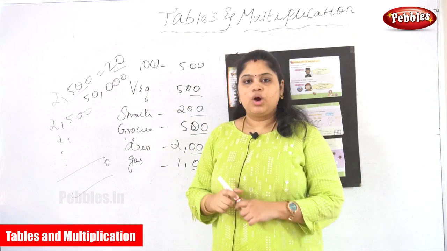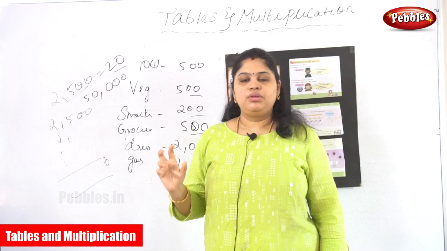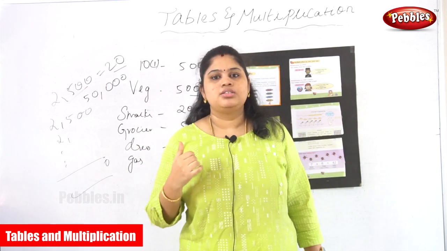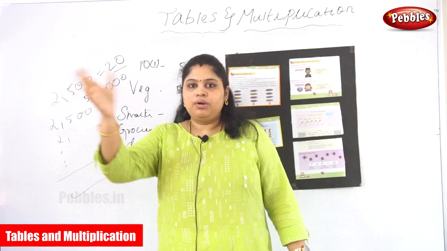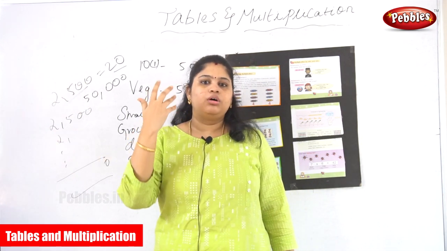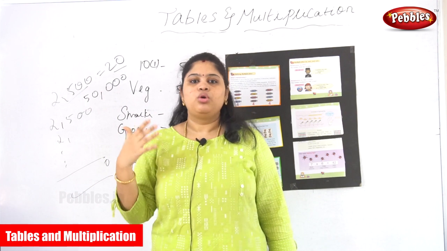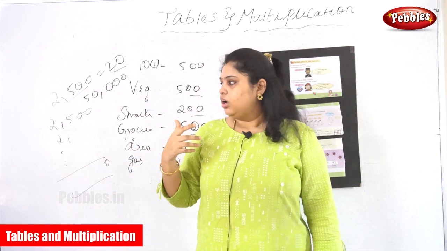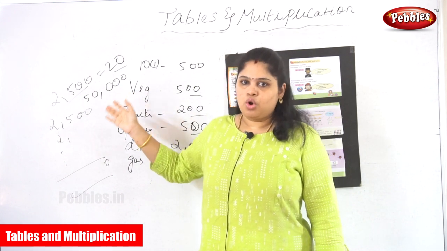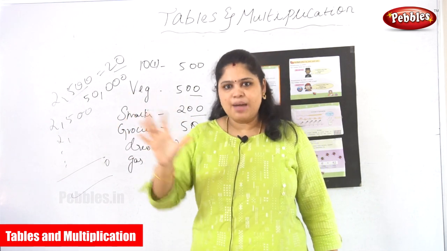Now, for example, if he is saying it's 60,000, not that anybody is going to make a false statement or tell you a wrong amount, but for example, I am just telling.